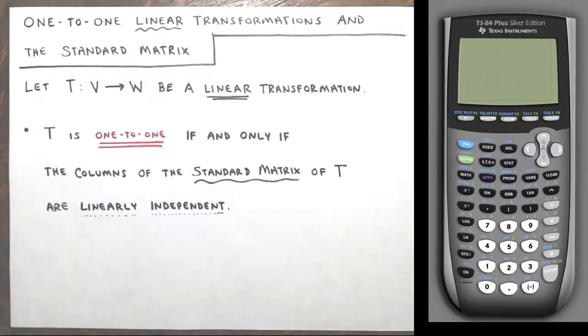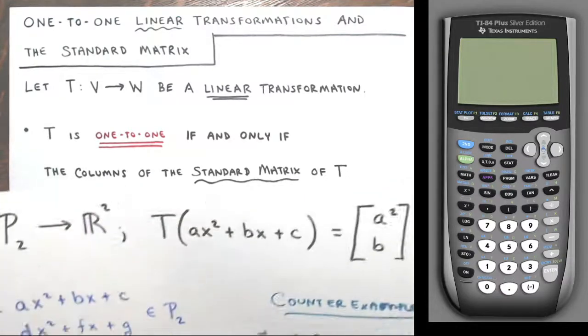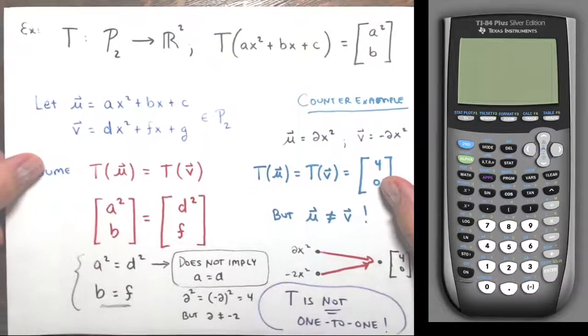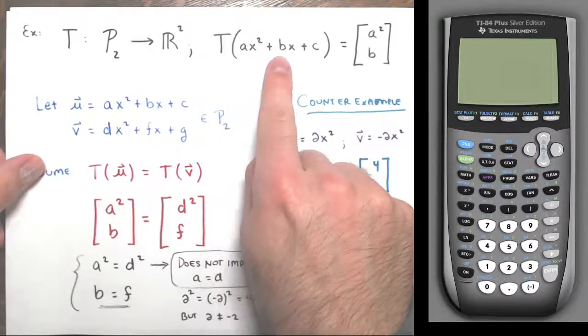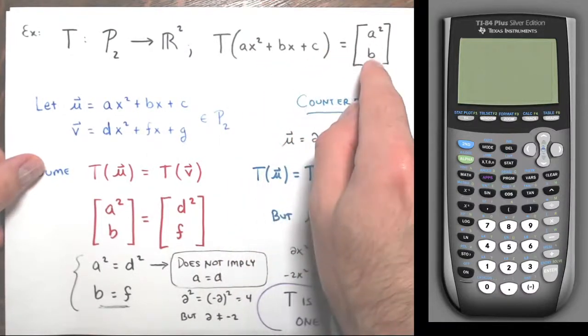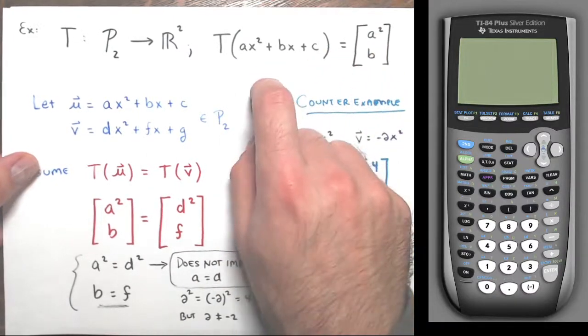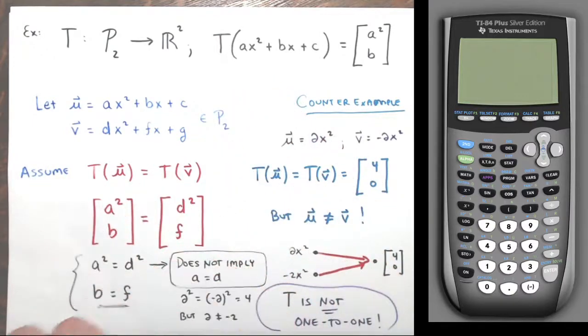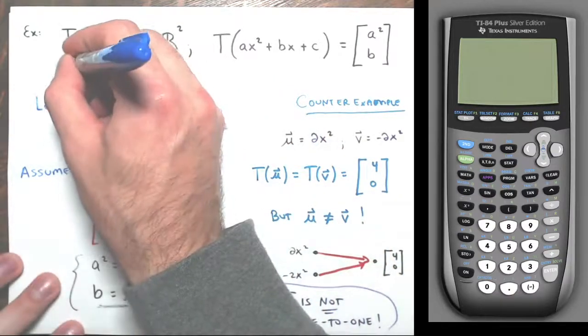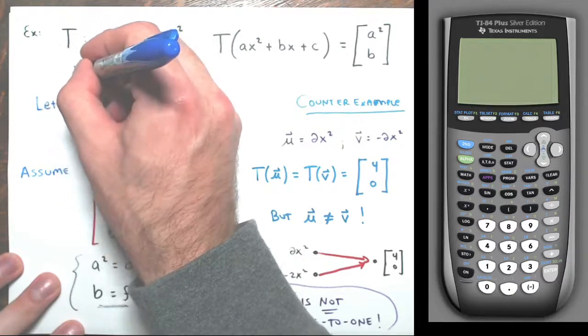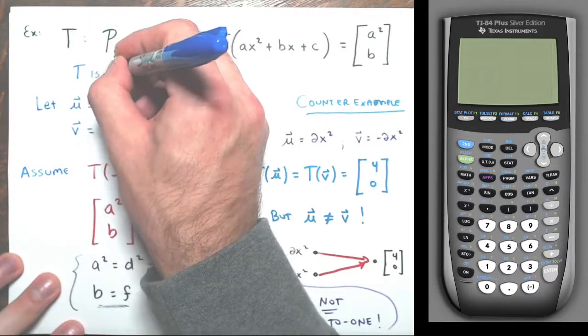Now, not all of them were linear transformations. Let me show you this one here. You're not going to see this one again. It's from P2 to R2, where ax squared plus bx plus c maps to a squared, b. This transformation, and you can show it on your own if you'd like, is non-linear.